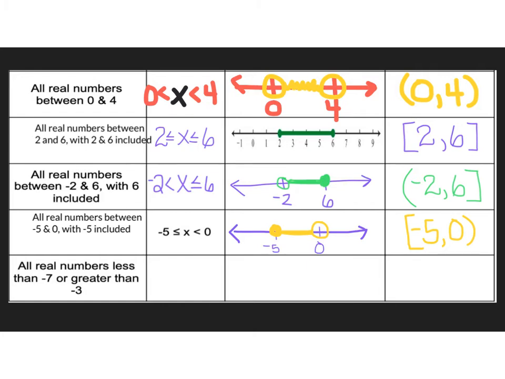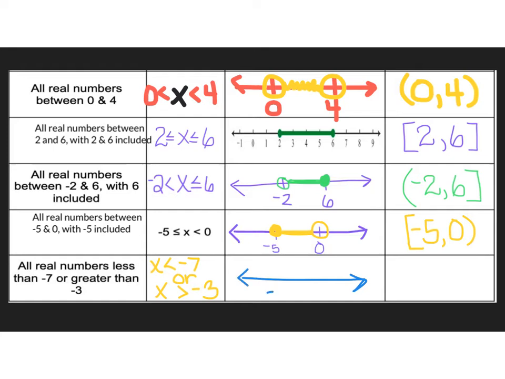So let's take a look at this last one together, now that you've checked your answers to the ones on the screen. All real numbers less than negative 7, so this would be x is less than negative 7, or, so I would actually have the word or written, x is greater than negative 3. On a number line, that would look like this.